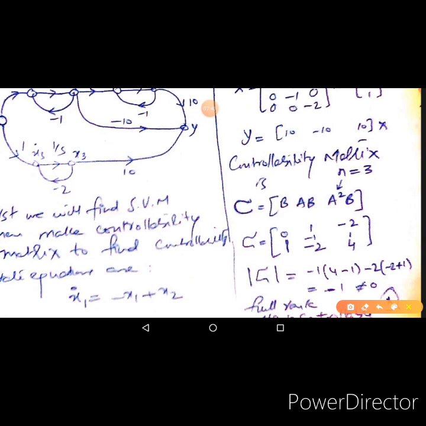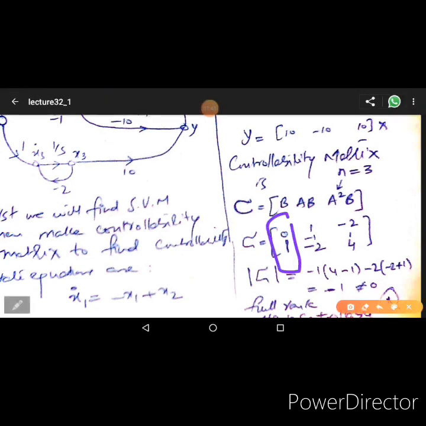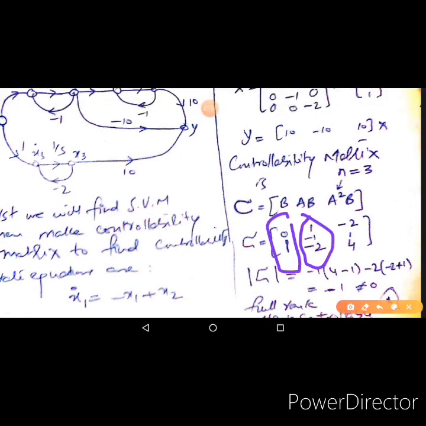That is exactly what we are doing over here. We write the B matrix over here, then we multiply A with the B matrix and write it over here, this is our A matrix and this is our B matrix, and then we multiply the A matrix with itself, so it becomes A square, and then A square is multiplied with the B matrix, and we get this. So we have the controllability matrix.